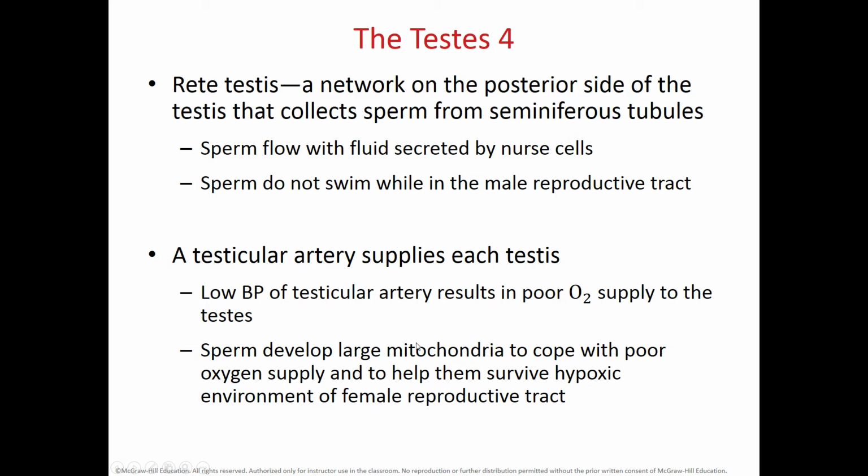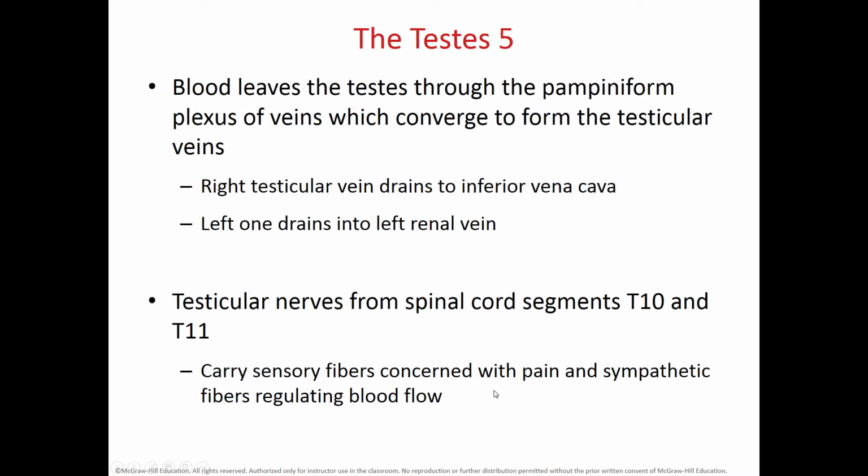And within the sperm cells, you have large mitochondria because you have poor oxygen supply, and you will produce more energy in the mitochondria to help the sperm cells to survive the hypoxic environment within the female reproductive tract.